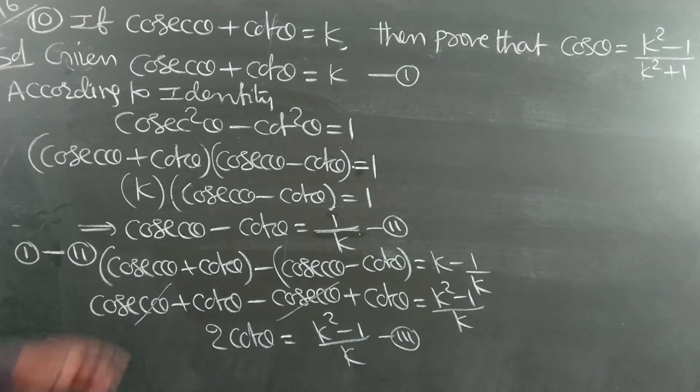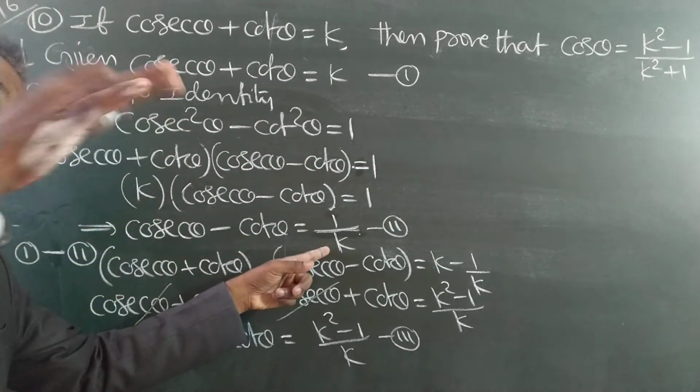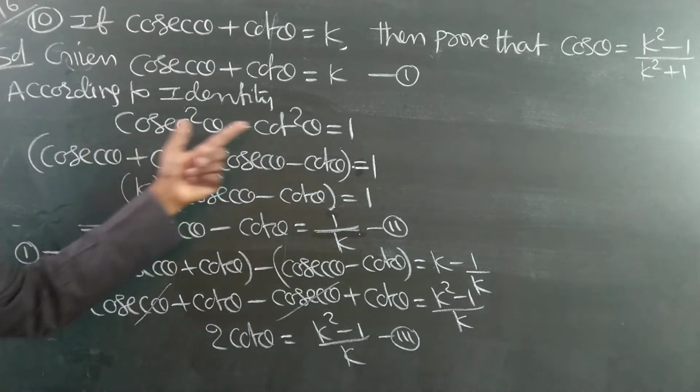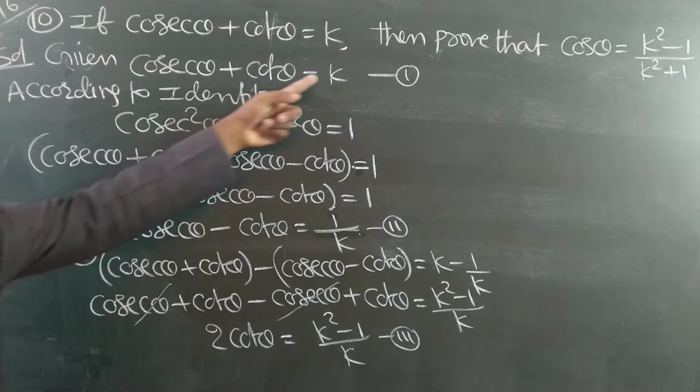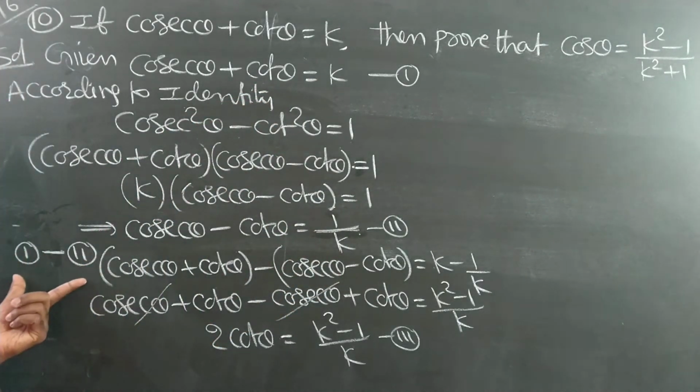Remember this. This is given. We prepared this already and solved it in the previous problem. Same procedure, using the identity a plus b into a minus b. This is k and that side 1 by k. Next, you have to remember this step. If you don't get this idea, we can't do it.